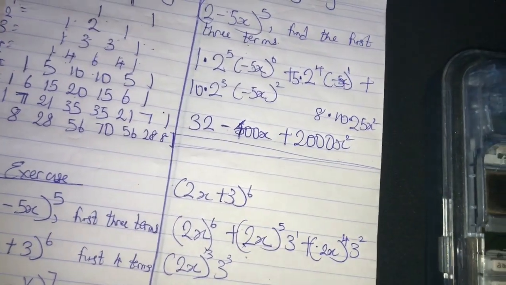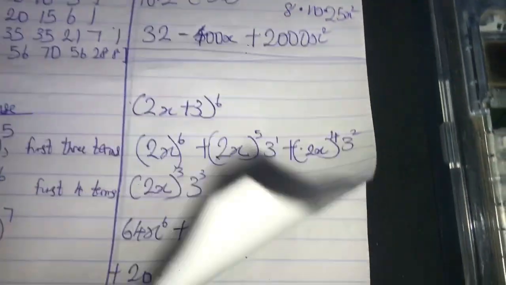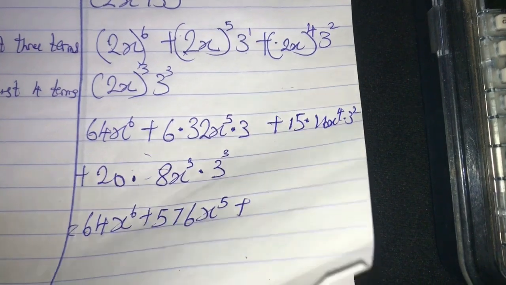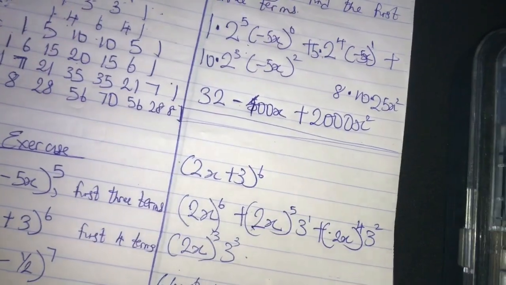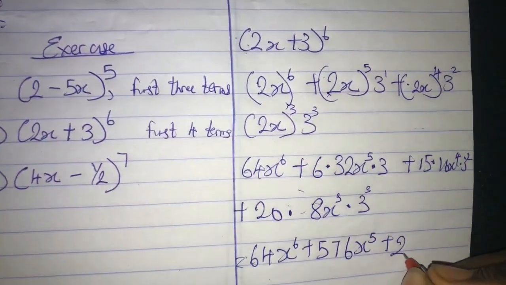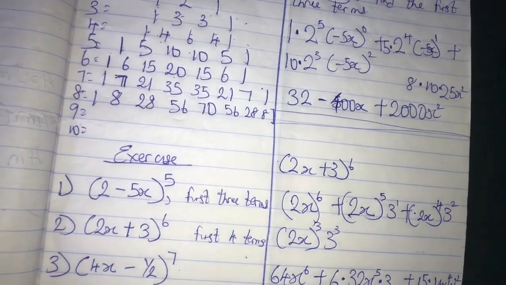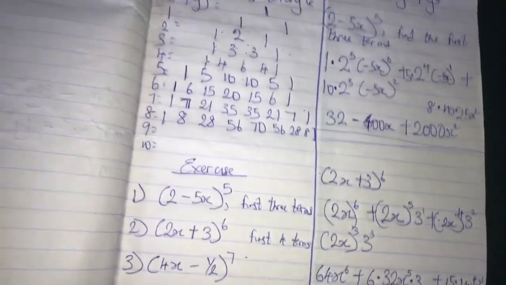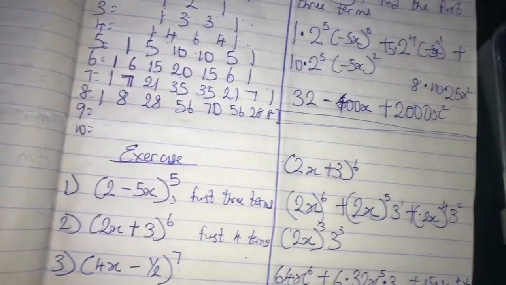So our answer is 9 times 15 times 16, that's 2160x to the power of 4, plus 20.